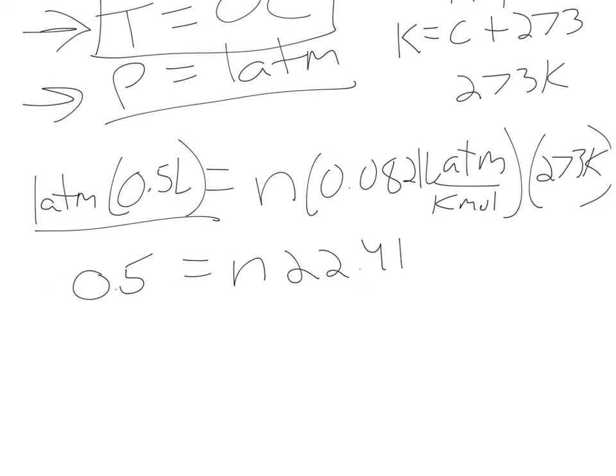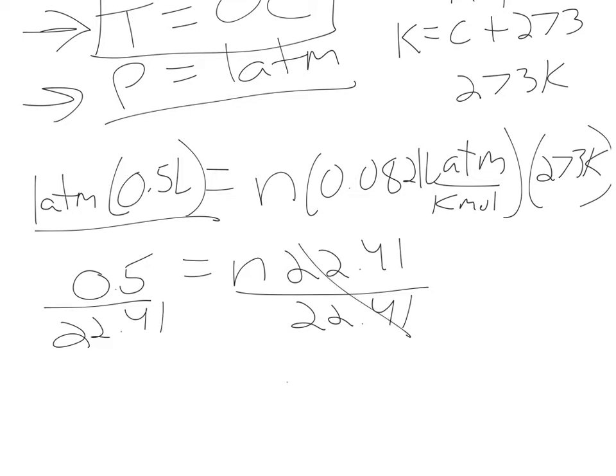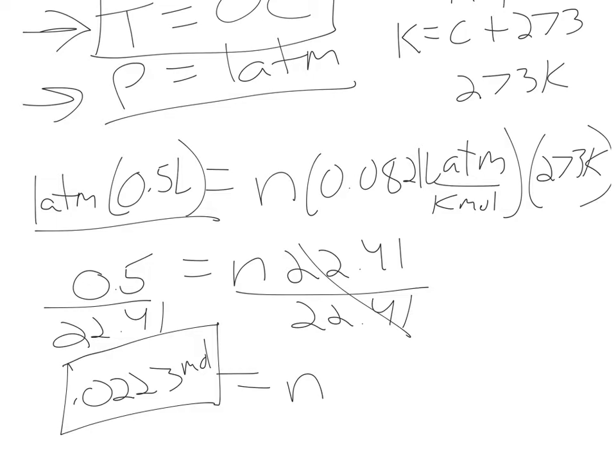I just have to get n by itself now, so let's divide by 22.41 on both sides. N will be equal to, on my calculator, 0.5 divided by 22.41, and I get 0.0223. And n should be a number of moles, and that would be my answer.